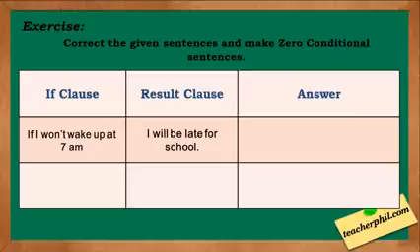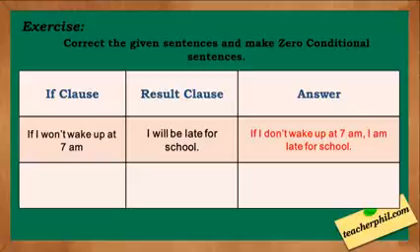The answer is, if I don't wake up at 7 a.m., I am late for school. Our if clause and result clause are both in future simple tense. We need to change them into present simple. That's why we have the answer, if I don't wake up at 7 a.m., I am late for school.